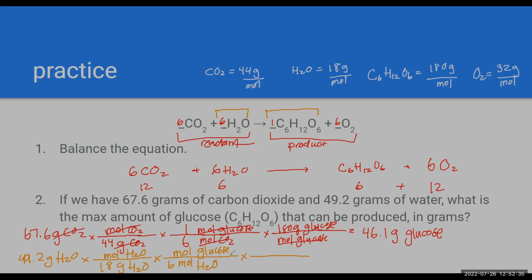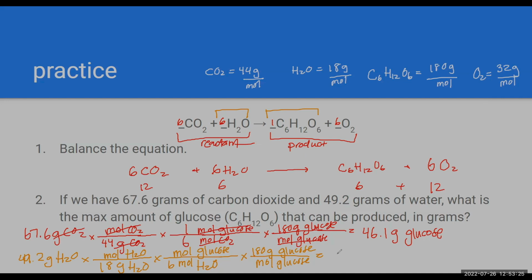And then let's see, we have moles of glucose on the top. So we want moles of glucose to cancel out on the bottom again. And we know that 1 mole of glucose is going to equal 180 grams. So we can use that once again as our conversion factor. And so if you put that into our calculator, let's see what answer we're going to get.